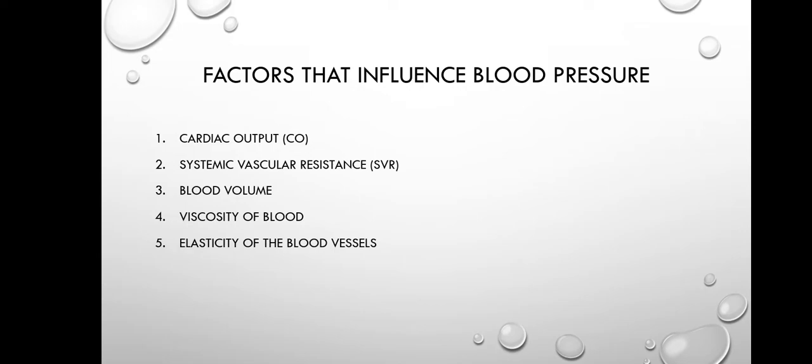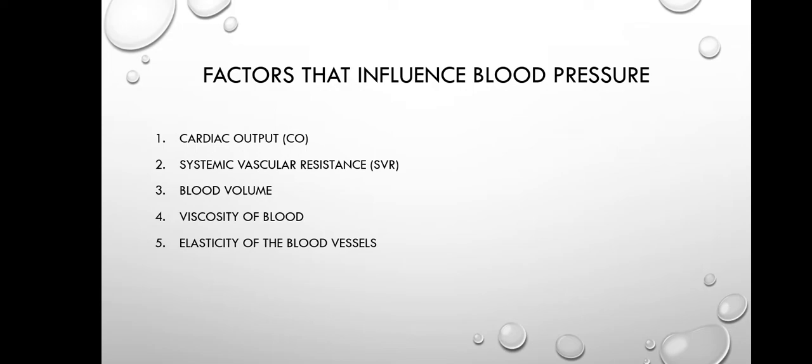To talk about the effects of these factors on blood pressure, we start with cardiac output now. Cardiac output refers to the volume of blood pumped out of the heart in a minute, and it is determined by two main factors, which are stroke volume and heart rate.